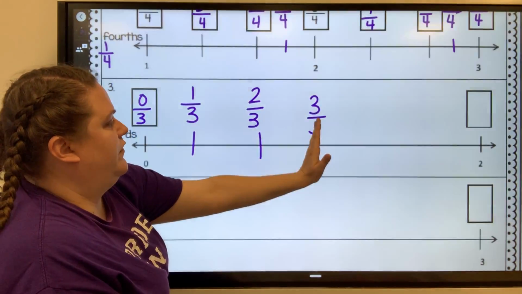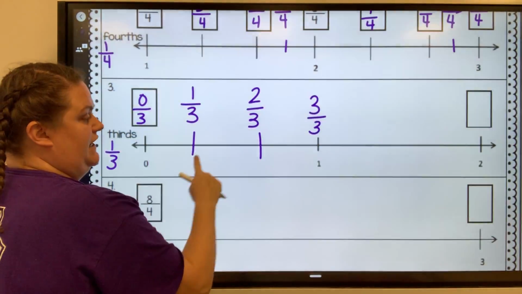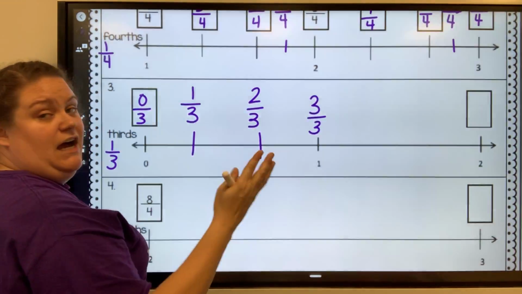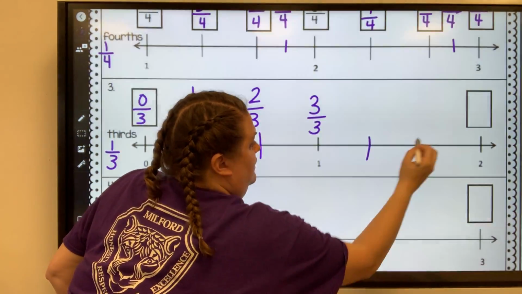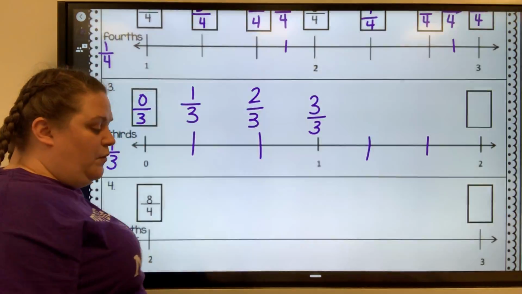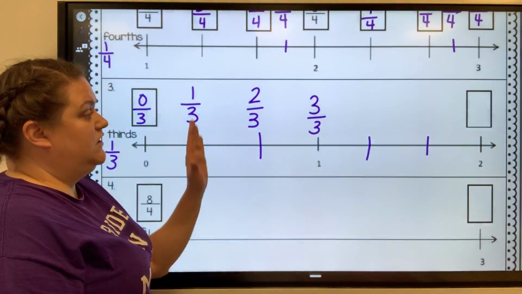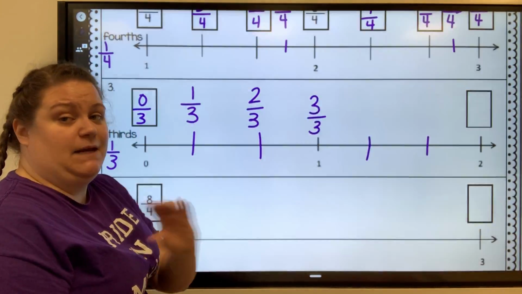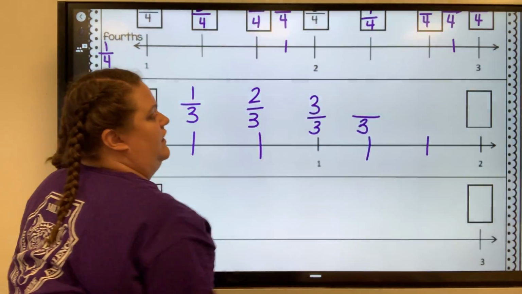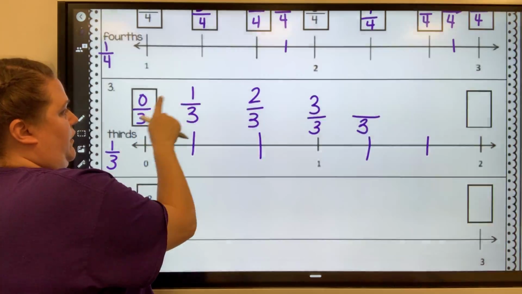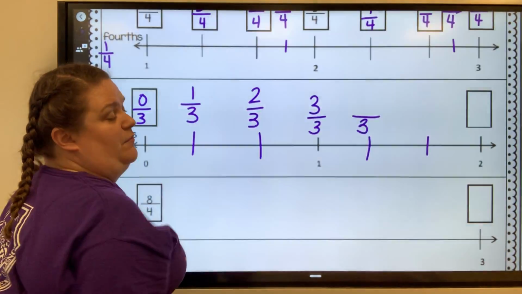So we have 3 over 3. If I did 2 lines between these two numbers, I'm going to do 2 lines between the 1 and the 2. So I'm going to make 1 and 2 lines there, remembering that your denominator is going to stay the same throughout this problem. So we're dealing with something over 3. If I count it, I have 0, 1, 2, 3 for my numerators.